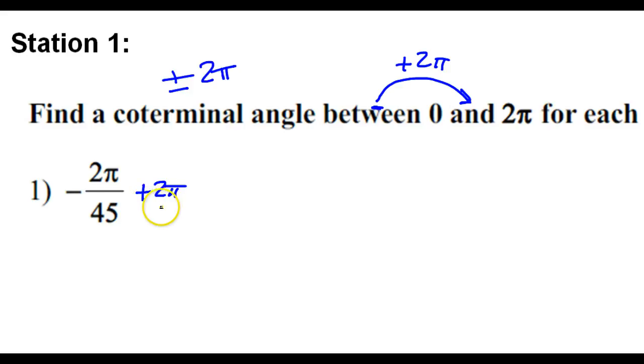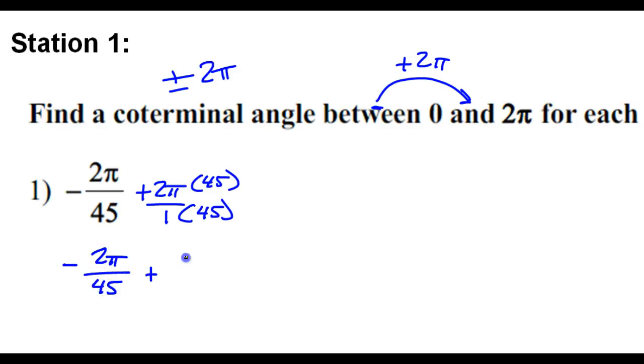So adding 2 pi. Well, 2 pi is like 2 pi over 1. We need like denominators, so we're going to multiply by 45 in the top and the bottom. So now we have negative 2 pi over 45 plus 90 pi over 45.